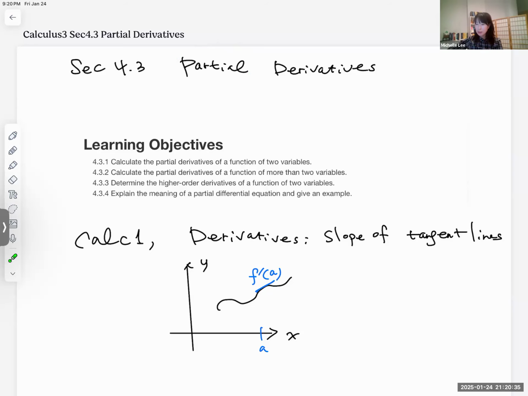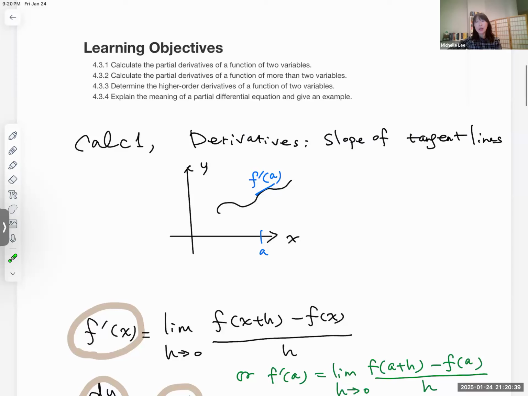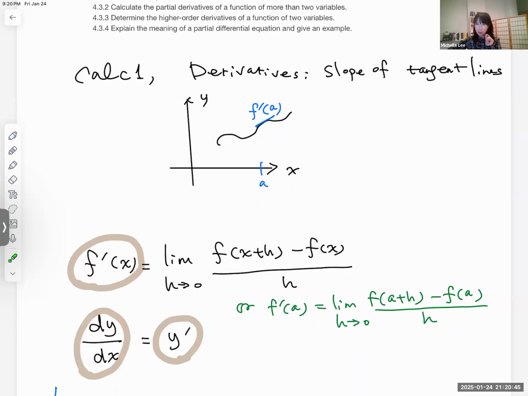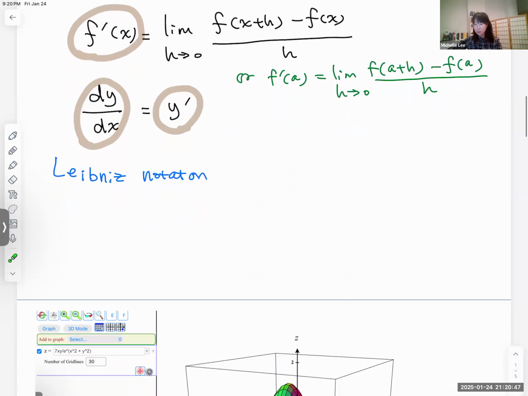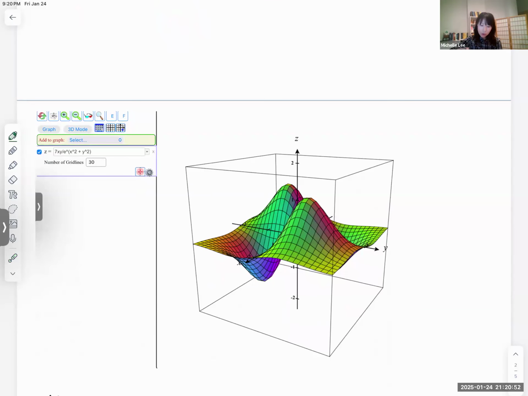Okay, what does this mean? How many slopes of tangent line are there if we want to find the slope at the point? Let's talk about here. So I just picked a random graph here. I want to know about the slope at this point.